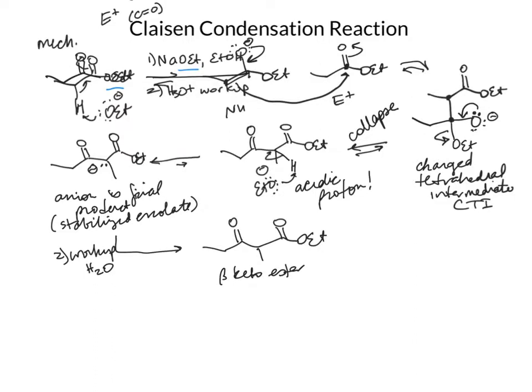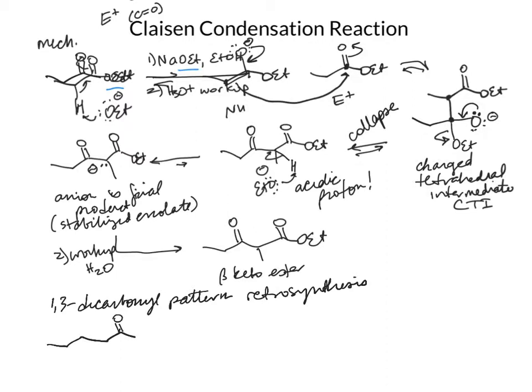So reviewing the Claisen condensation reaction, it's going to help us when we now have a target molecule that has a 1,3 dicarbonyl pattern. How is that going to affect our retrosynthesis? So let's take a look at this product from a retrosynthetic point of view.